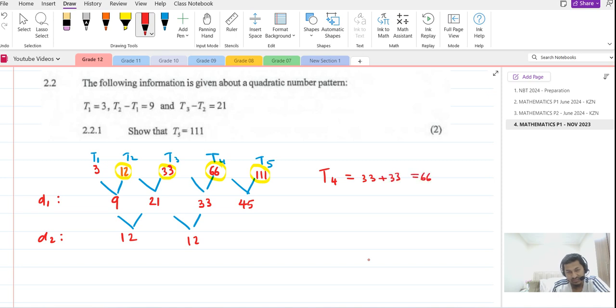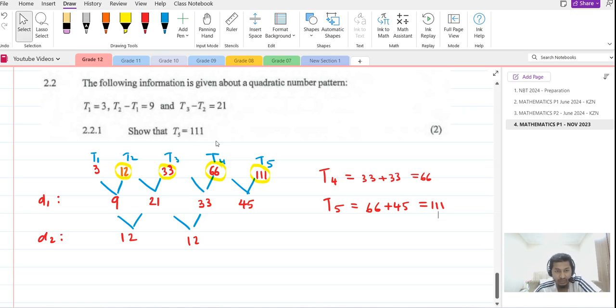And you say term 5 is 66 plus 45. So we showed that term 5 is 111, basically using the trees here.